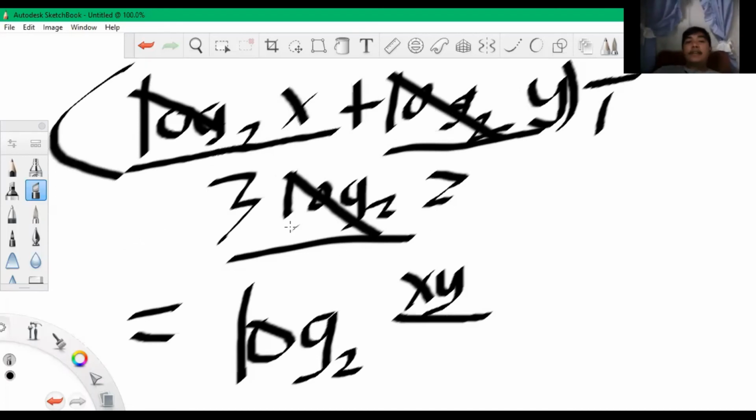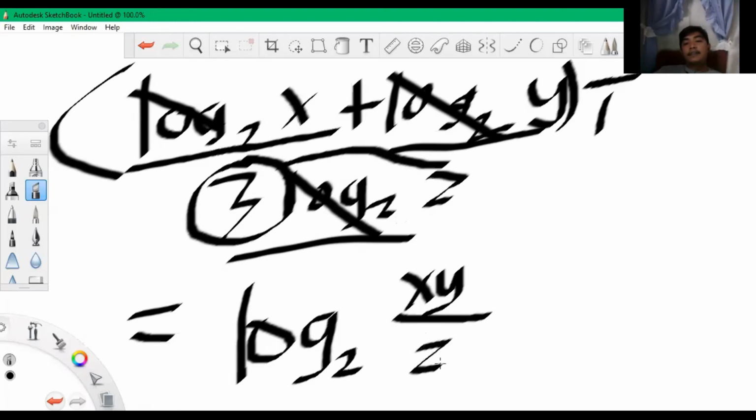Then, as you can see, we get the logarithm and the base 2. So we have 3 and z. And 3 is written before the log symbol. So meaning, itong number na to yung exponent ng ating z. Therefore, the denominator has z cubed.